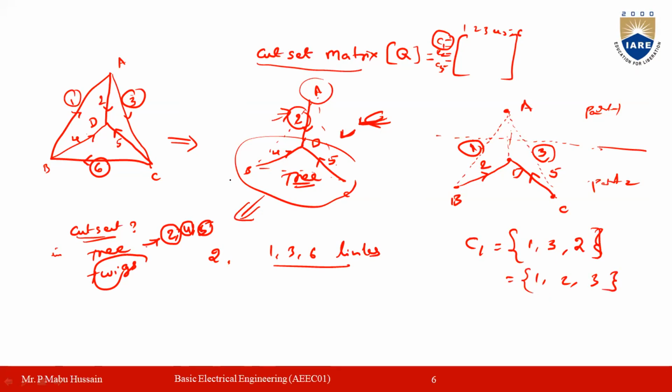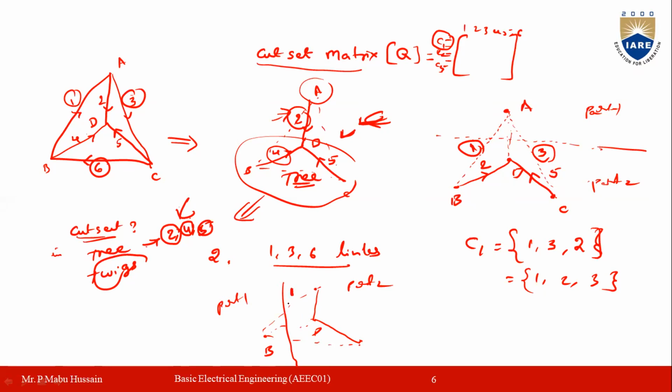Okay, so now in a similar way, if you remove the twig 4, then this node B is isolated. Between A and C, and A and D, you are having the branches, right? Now you have removed the fourth twig. Now the graph will be divided into part 1 and part 2. Again, two links are going from one part to the other part. What are those links?